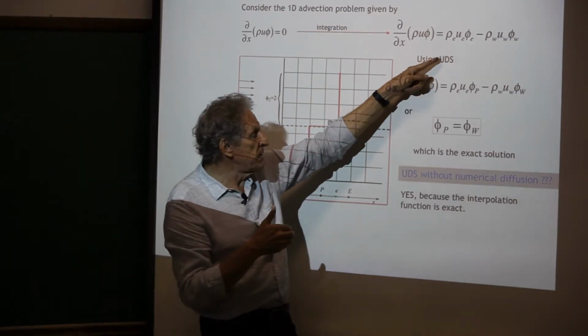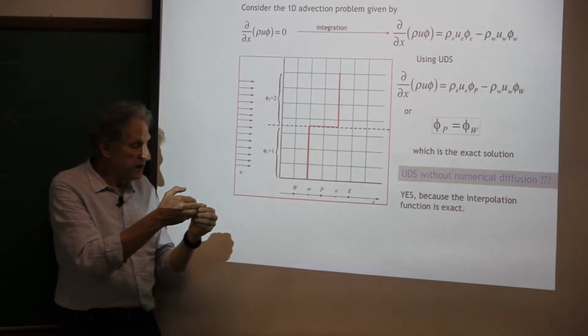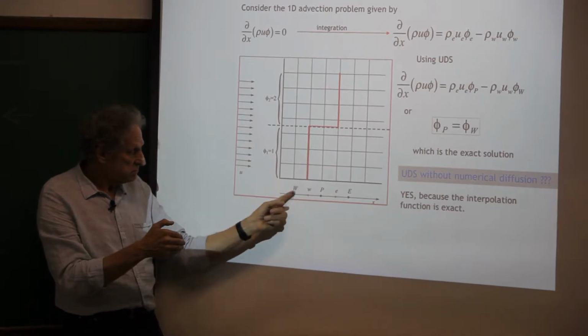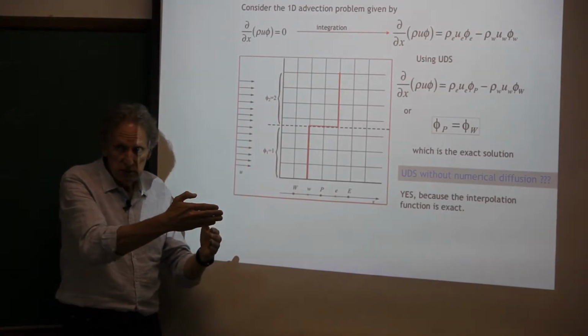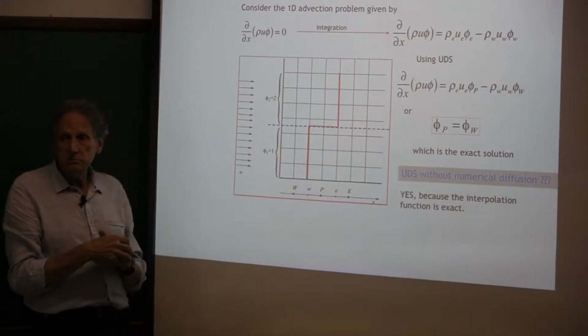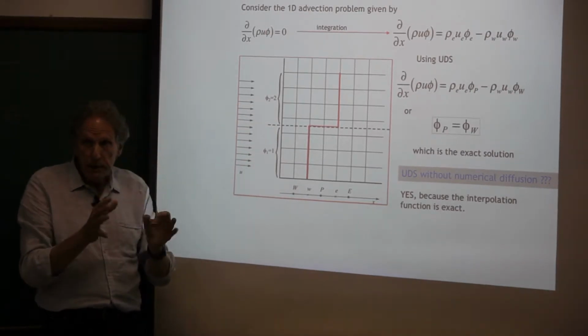If you use upstream, you will end up with phi in the front being the phi in the back. And then you are marching in x, always with the same value. The pulse is preserved.